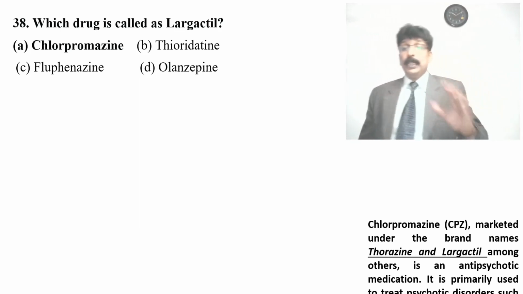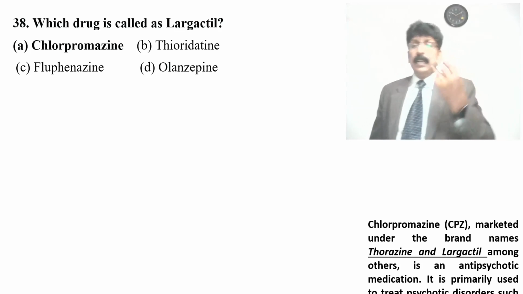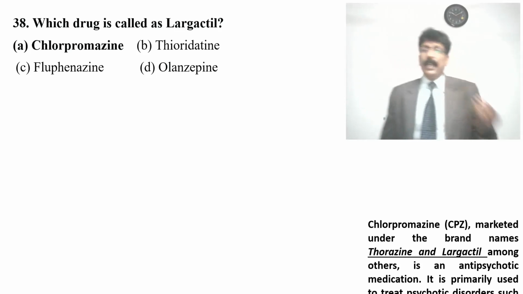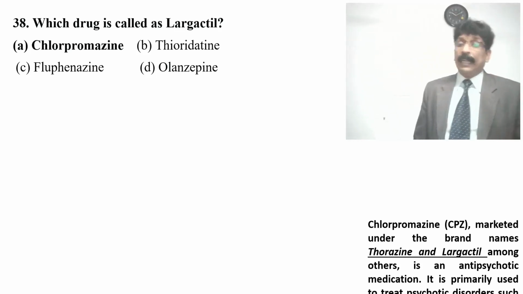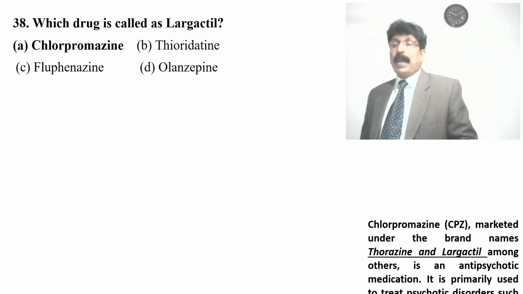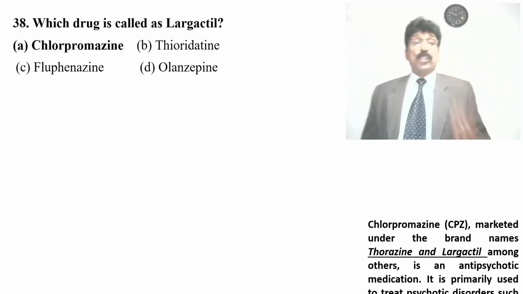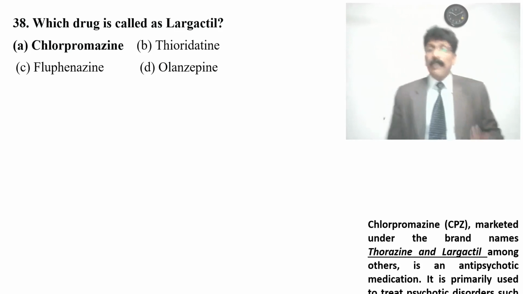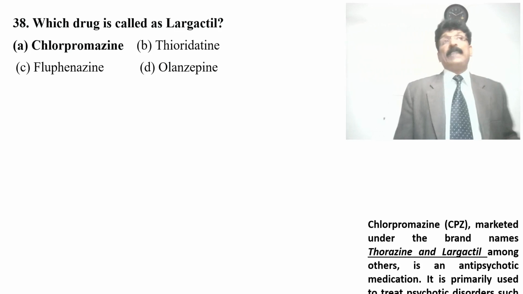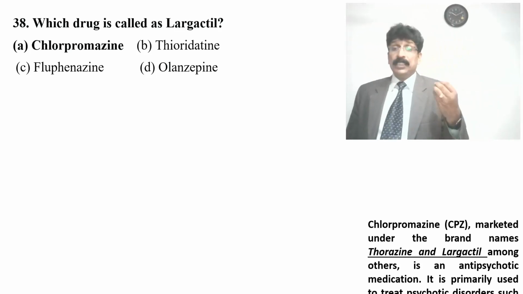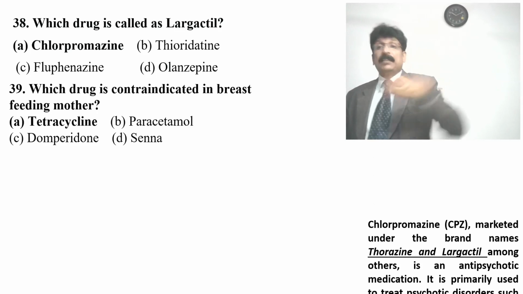It is marketed under two brand names, Thorazine and Largactil. Among others, it is an antipsychotic medicine, primarily used for the treatment of psychotic disorders such as schizophrenia, and sometimes also for insomnia.